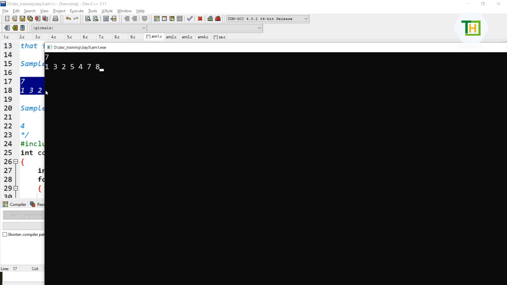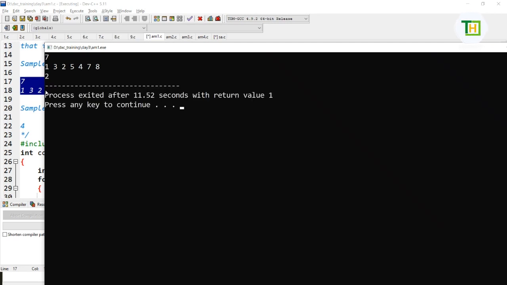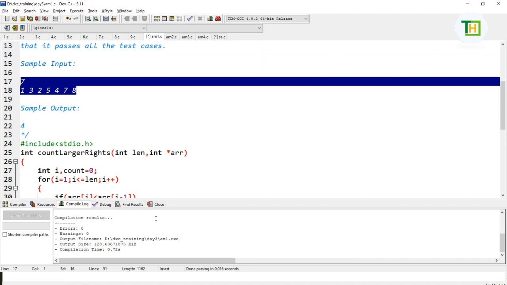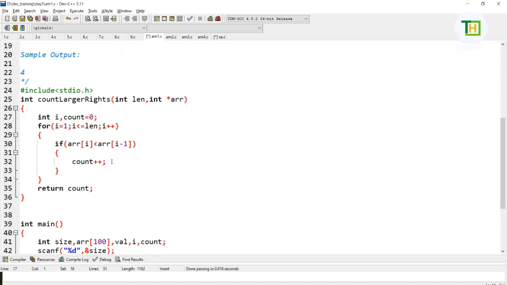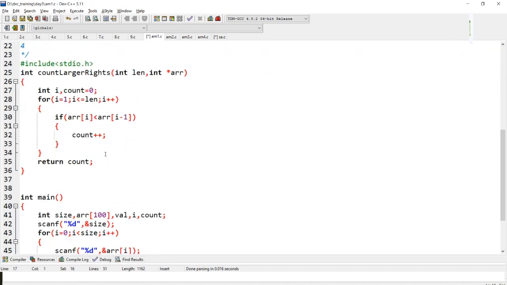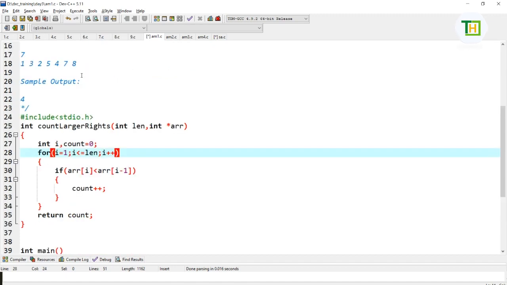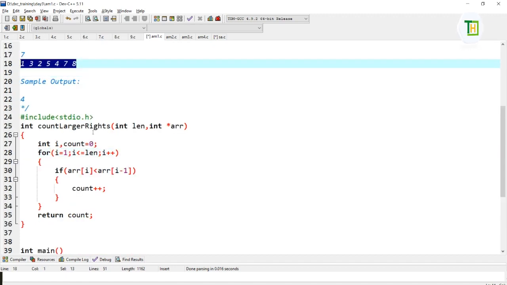The answer is going to be 2 here, but actually the answer is 4. Actually the answer is 4. And where it is wrong, we are going to find it here. What are the values here? These are the values, right? These are the values.